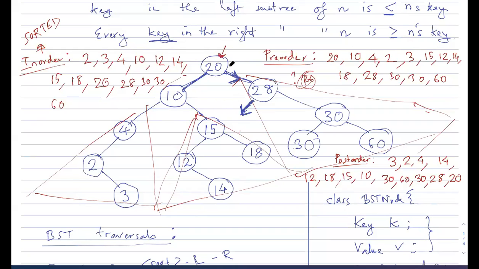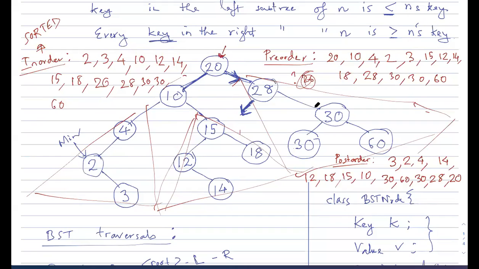What do you have to do in order to find out the node with the minimum value? You can see it here. You keep traversing the left pointers until you hit null. That is going to give the minimum value.